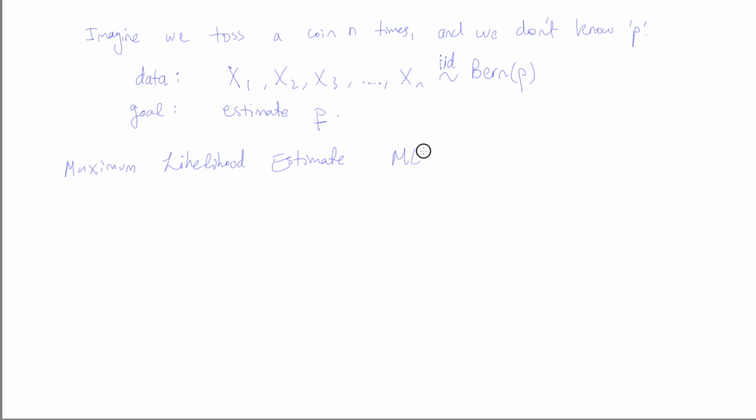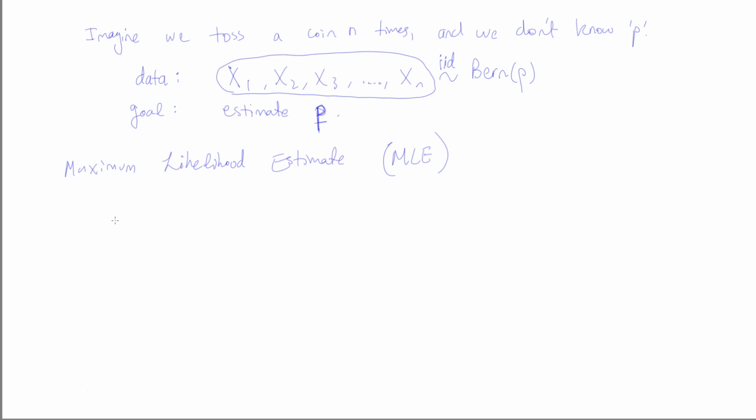I'll just write this as MLE. The idea is that you want to use the data, these are your data points, to come up with an estimator that estimates the true value p, because we don't know the true value p. So how do we do this?